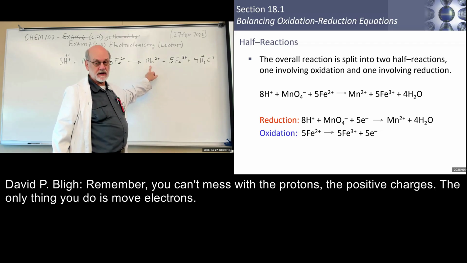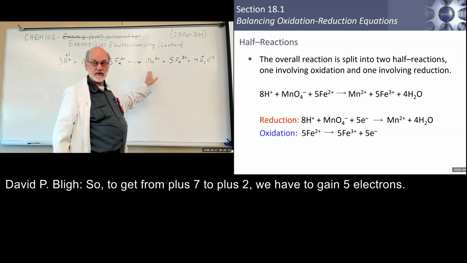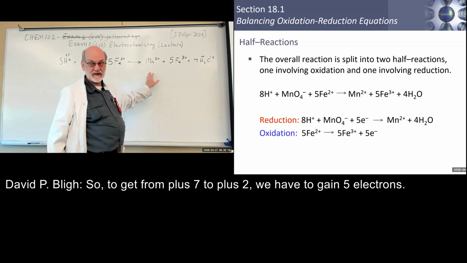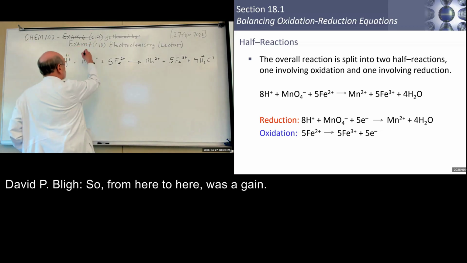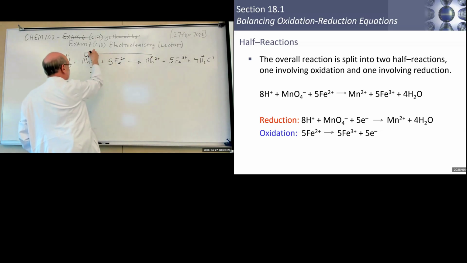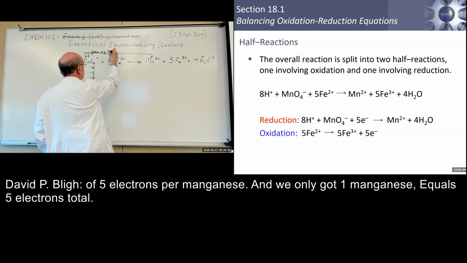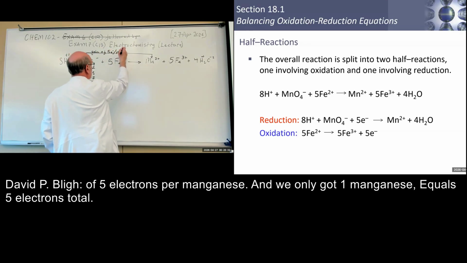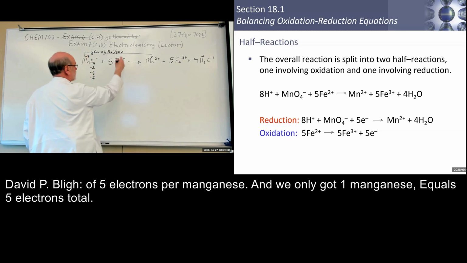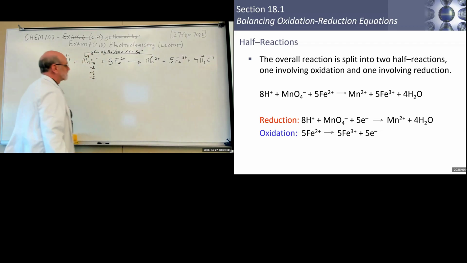The only thing you do is move electrons. So to get from +7 to +2, we had to gain 5 electrons per manganese.